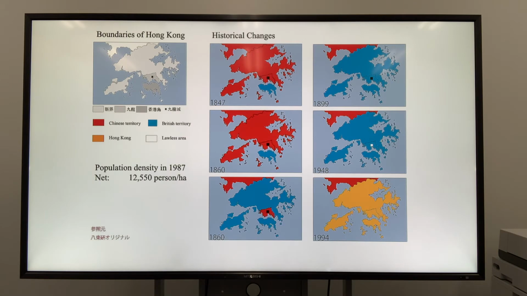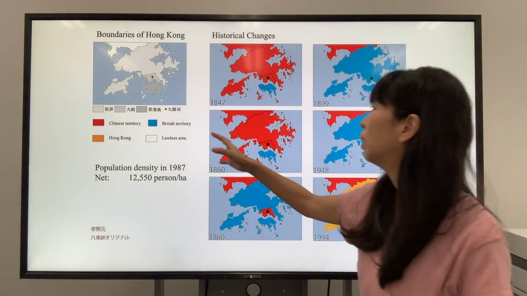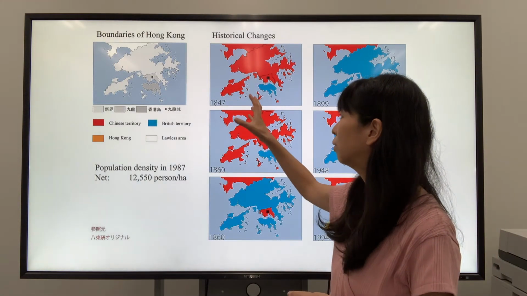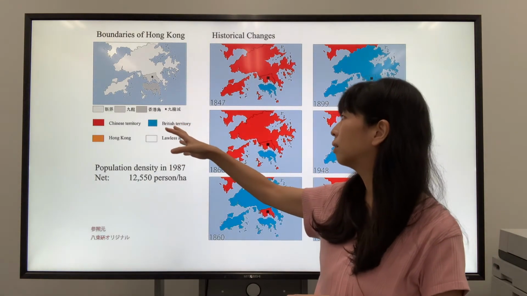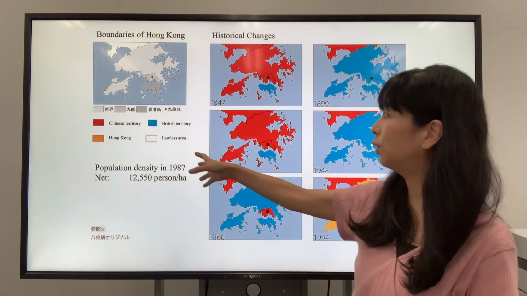Very briefly, I will explain what happened to this area, and how this specific spot became so densified. It relates to the history of different territories that have been taken. The red ones are the period of Chinese territory, and the blue ones are the period of British territory.